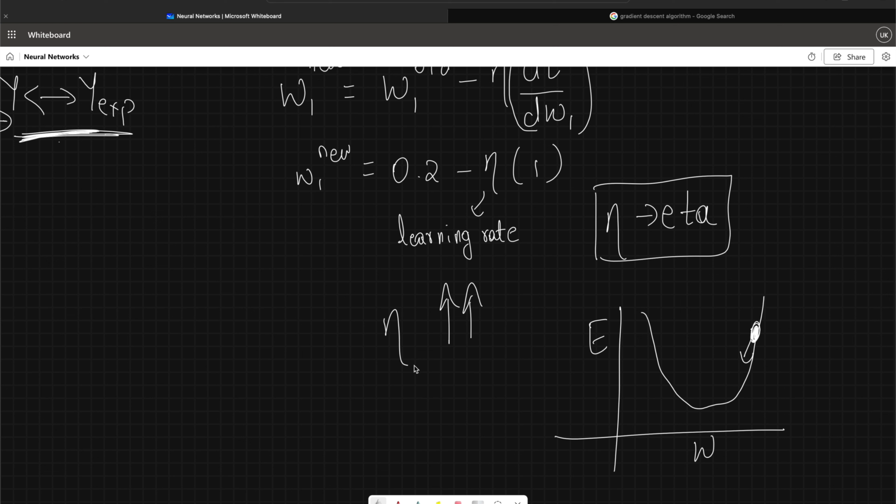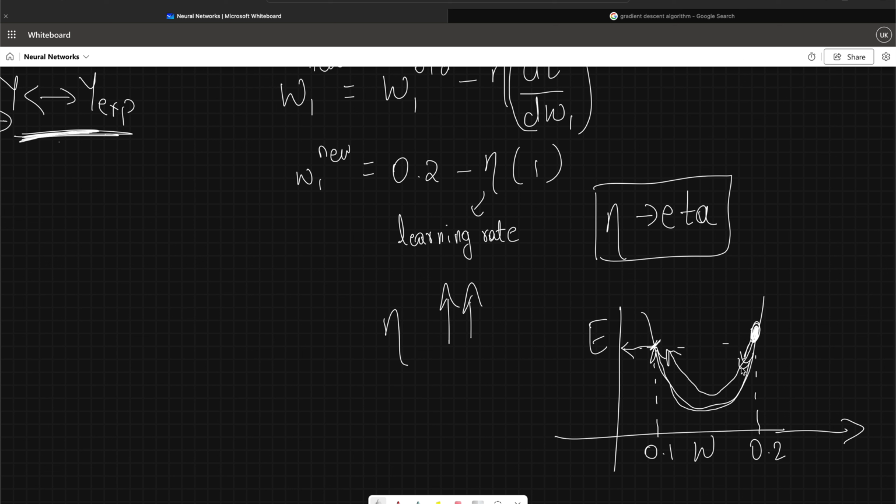If your eta value is too huge, then you'll miss that value and go all the way across to the other end of the graph, increasing the loss value again. Of course, you would have changed your value. Initially, your w value was 0.2, and you would have changed it to 0.1. But at what cost? You increased your error again, or it kind of stayed the same. You didn't really improve your model.